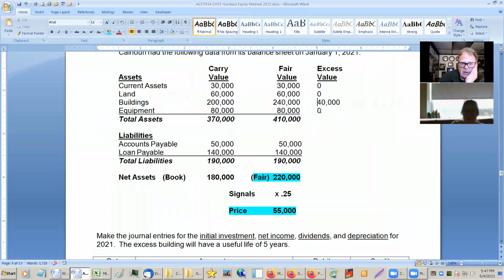So when we calculate our income, we're also going to have to look at this excess value.